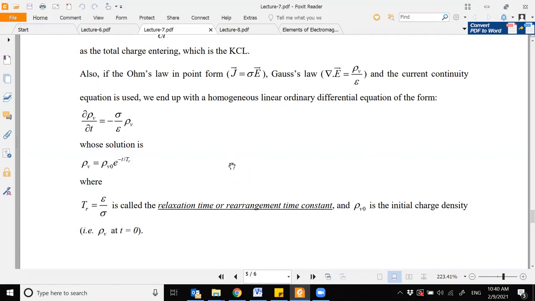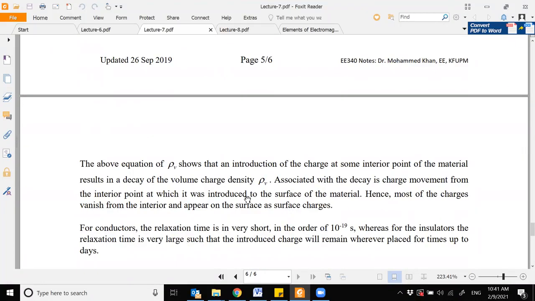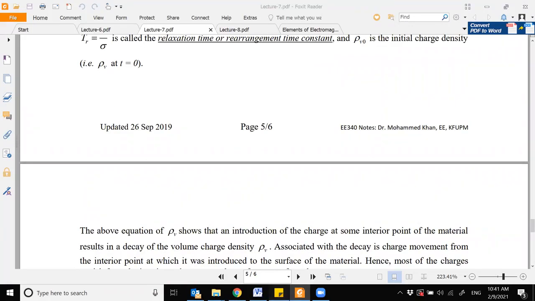If extra charge is given to it, what will happen? Wherever you give this charge inside the volume of the conductor, your conductor will rearrange these charges in such a way that most of the charges will appear only on the surface.